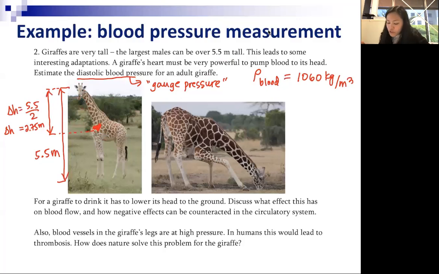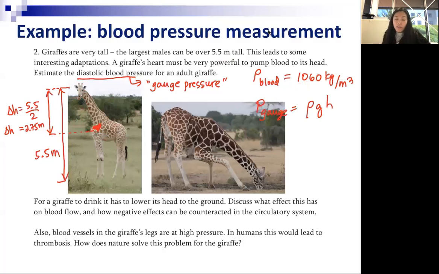Right, so for gauge pressure, we already have a clue as to what equation to use because of the height, delta h, and the density. So gauge pressure is the one that has rho times g times delta h.